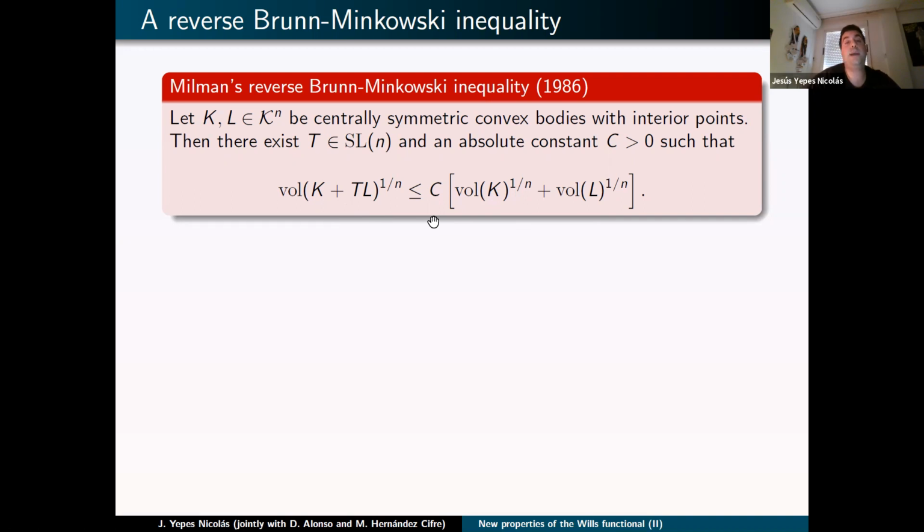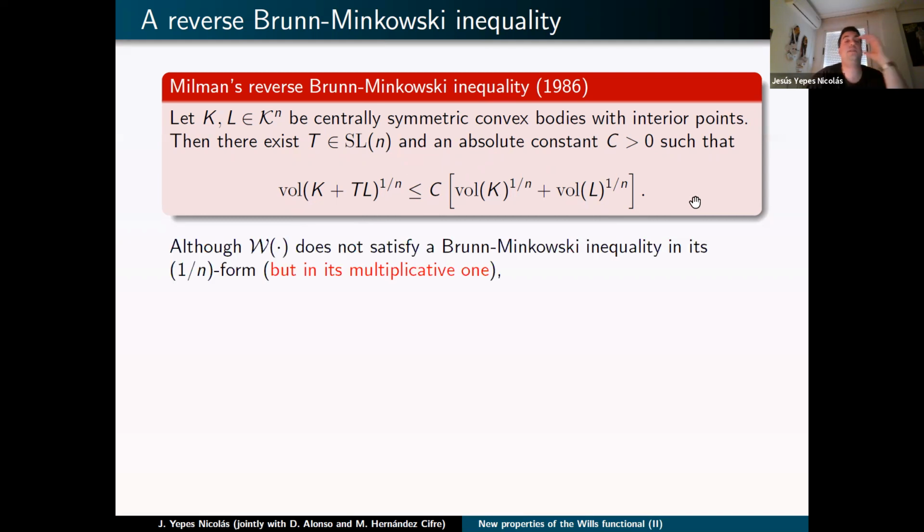But however, by introducing some transformation, one has something like the following result. This striking result by Milman from 1986 says that whenever you consider two convex centrally symmetric bodies with interior point, then there always exists a volume and orientation preserving linear transformation and a positive absolute constant, such that the volume of the Minkowski sum of K and this transformation acting on L, to the power 1 over the dimension, is smaller than such a constant times the sum of their volumes to the power 1 over n.